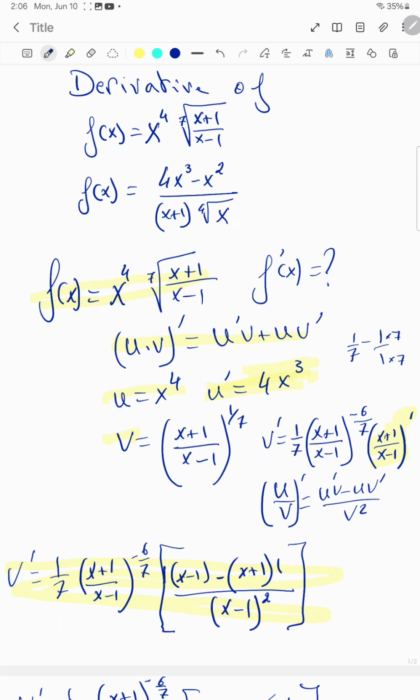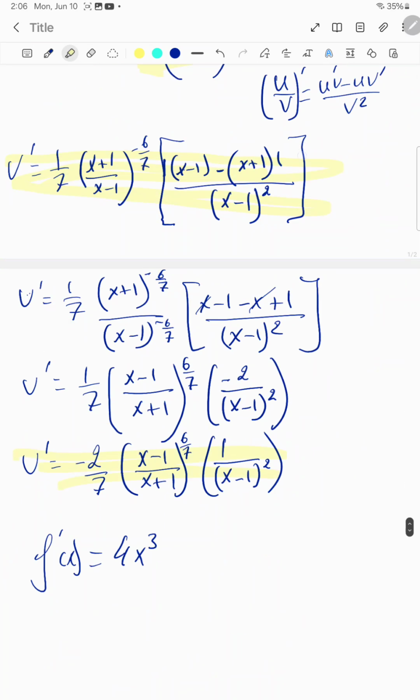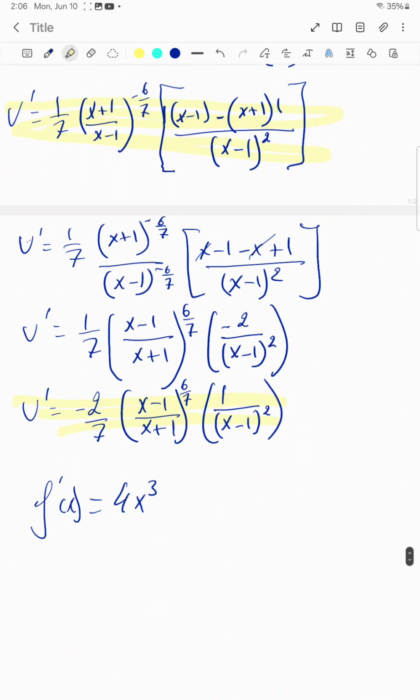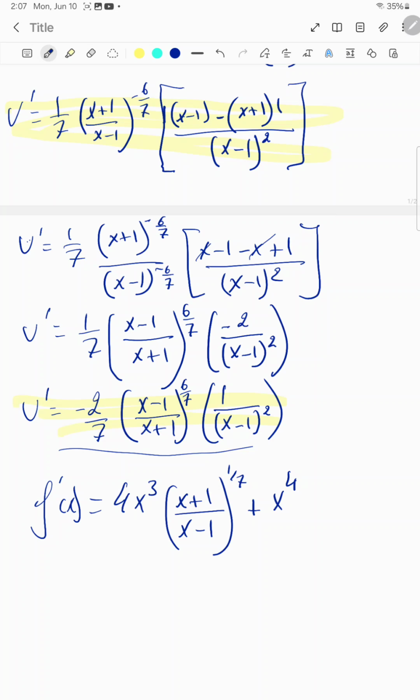it's here. My v is this, (x plus 1) divided by (x minus 1) to the power of 1 over 7, which is the 7th root of this, plus u, which was x to the power of 4, and v prime, I have it in front of me here, times minus 2 over 7.